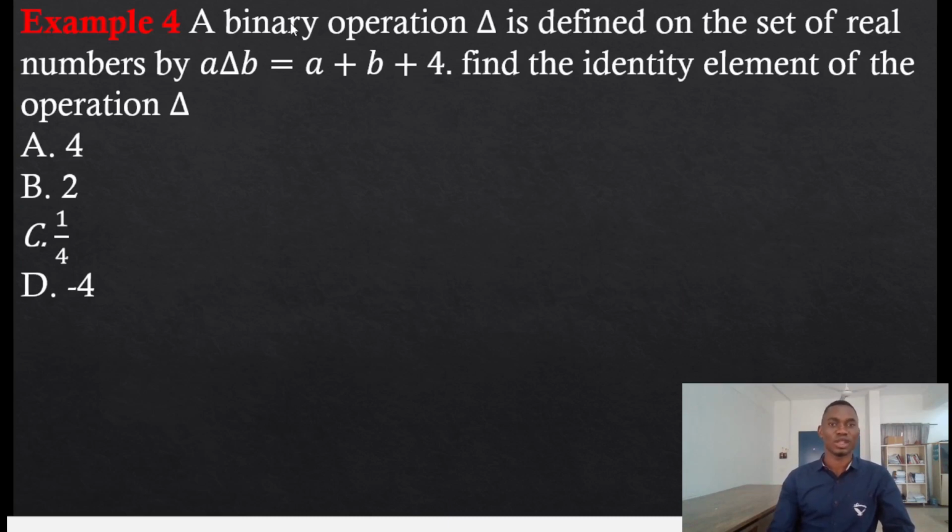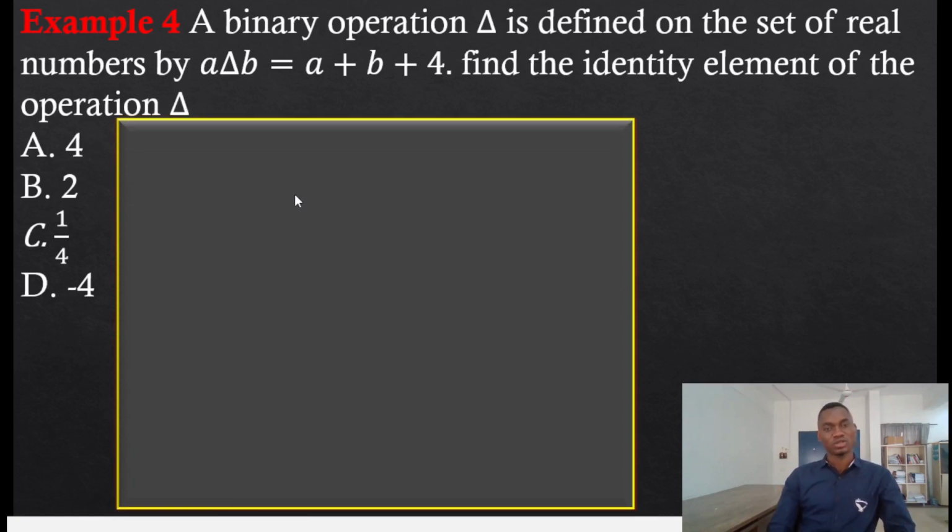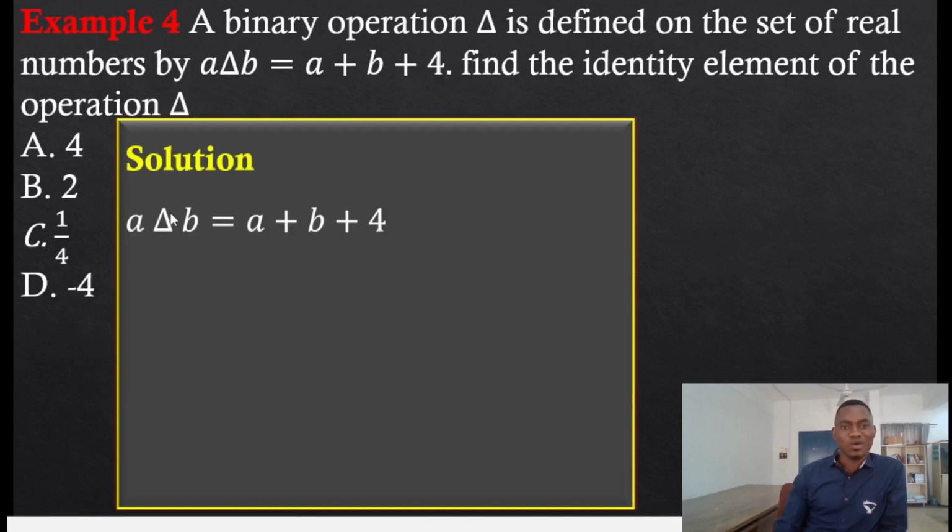Example 4. A binary operation is defined on the set of real numbers by A operated on B equals A plus B plus 4. Find the identity element of the operation. Solution.